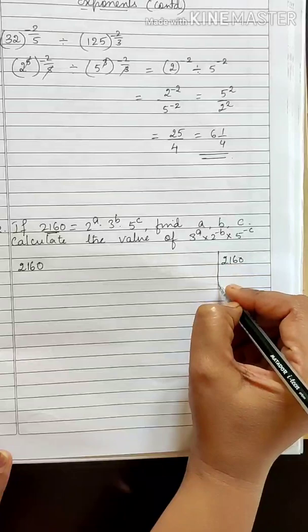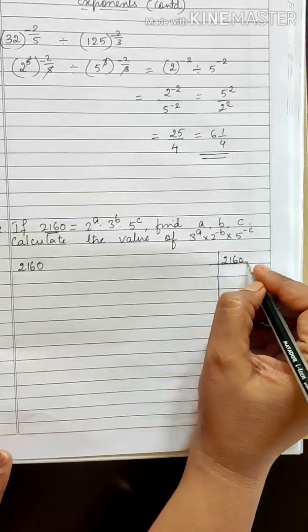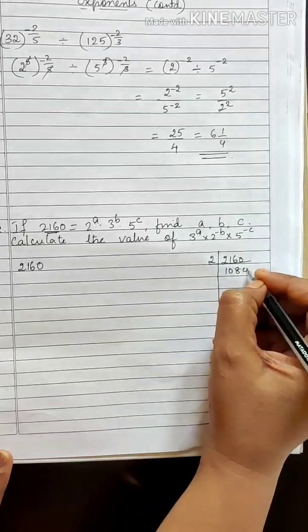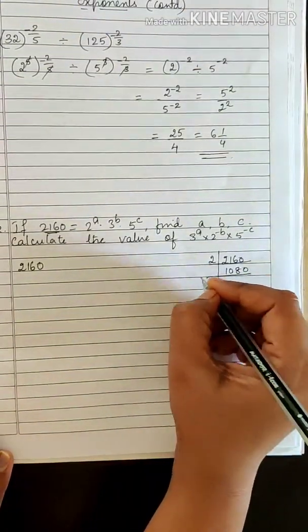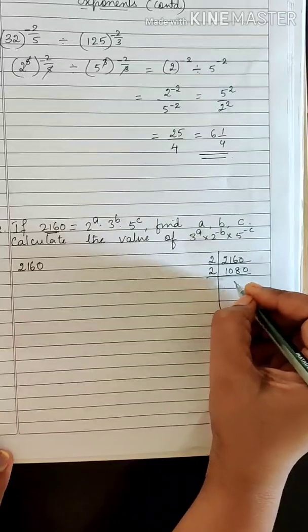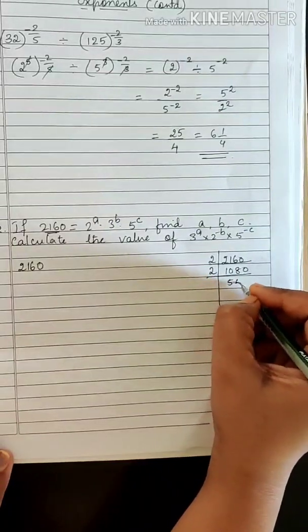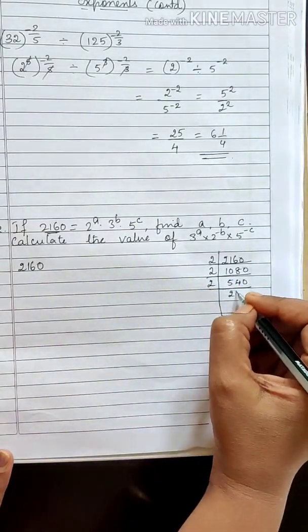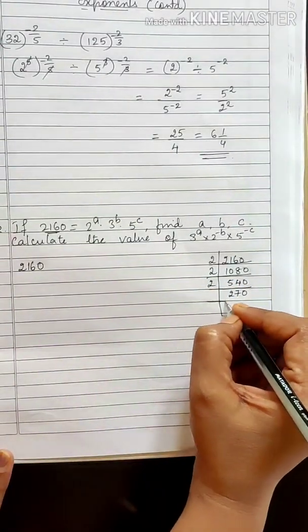So you factorize 2160, so this becomes 1080. Further you factorize by 2, you get 540, and this is 270.